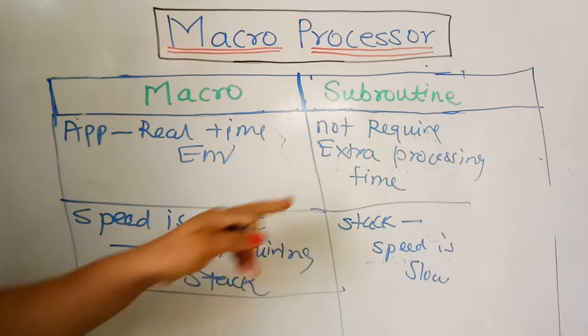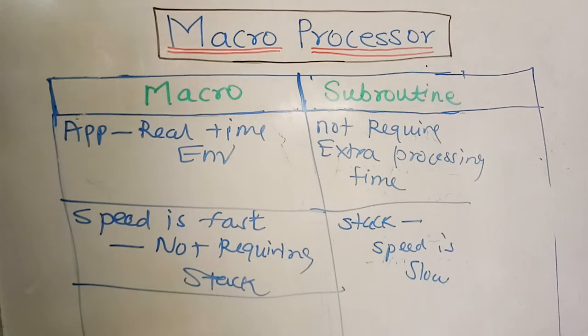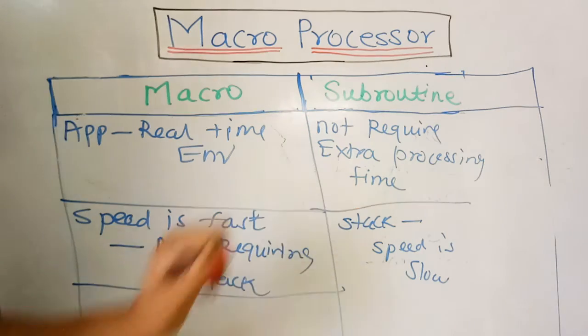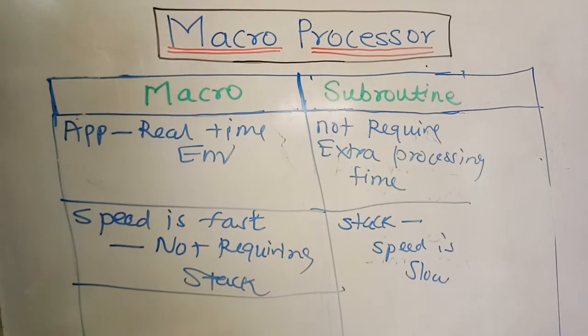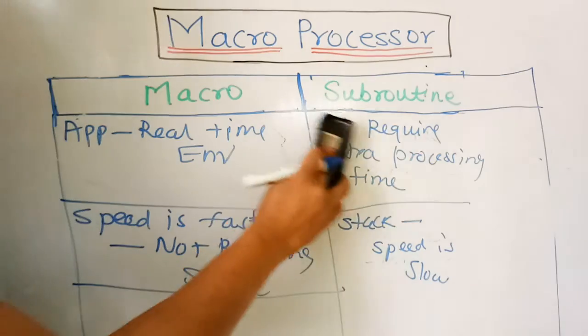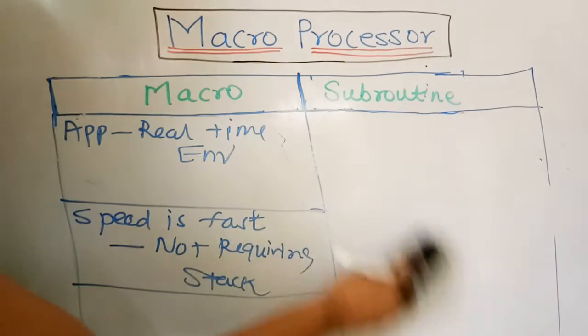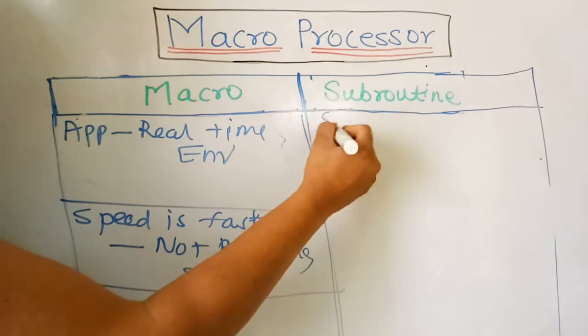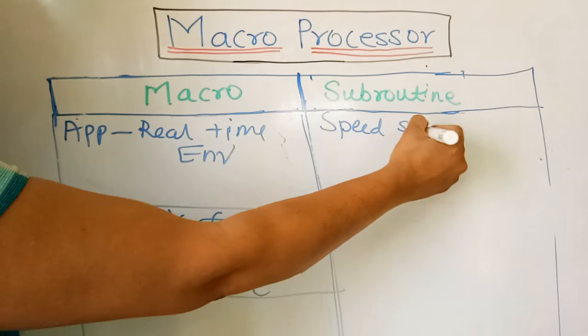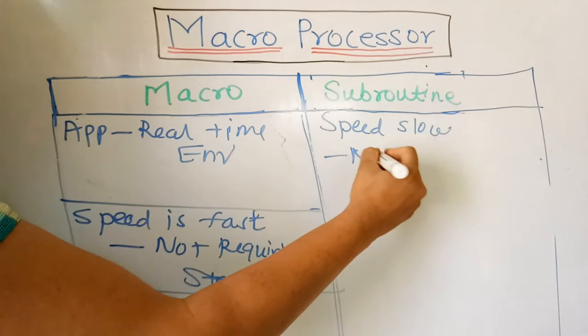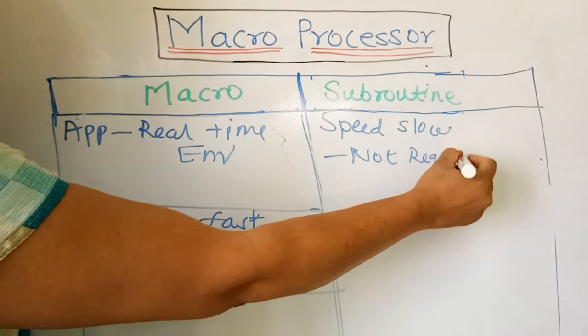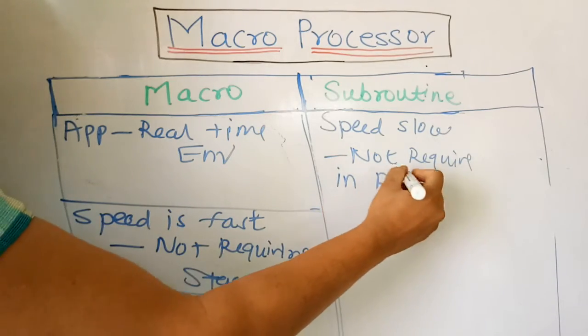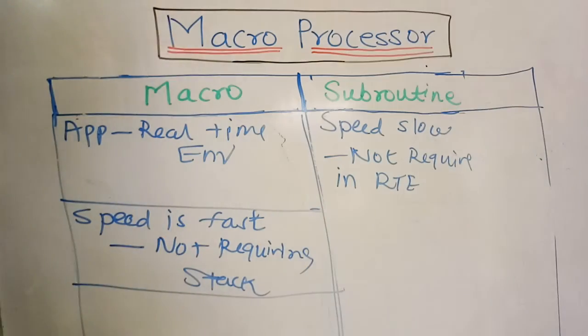Next, as a subroutine requires more time to execute, it is not suitable in a real time environment because its speed is slow. Speed is slow, so it is not required in a real time environment.